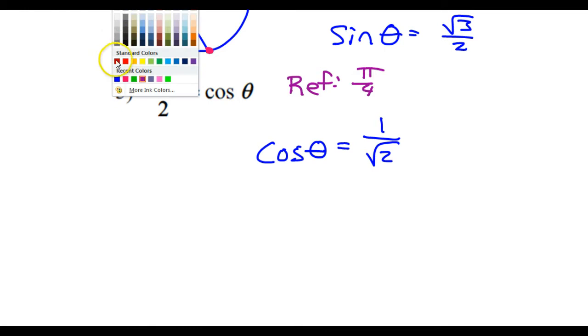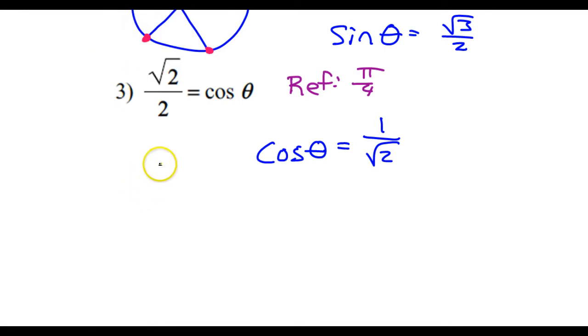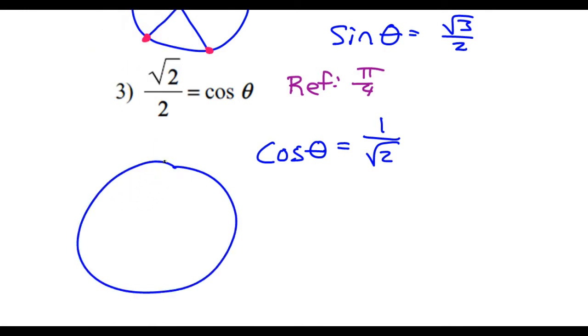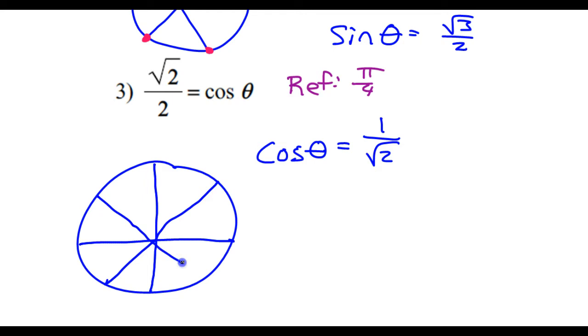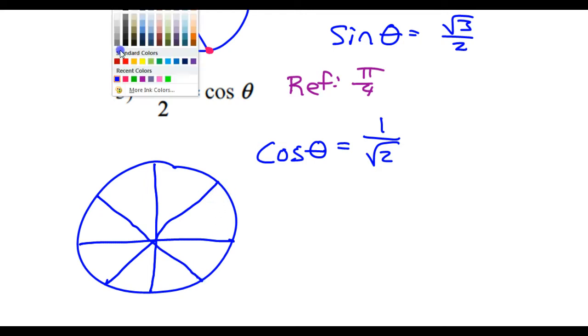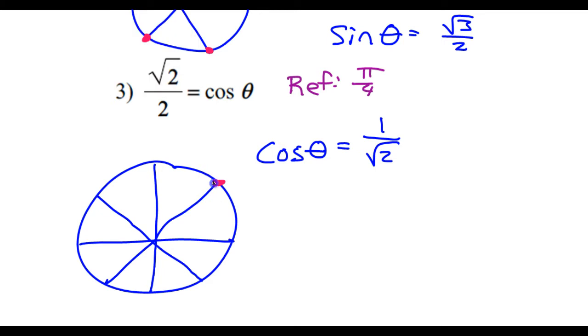Alright, so you can nail it down by drawing yourself a picture. Okay, pi over 4, so there's pi over 2, and here's pi over 4. Okay, so looking at the 4 positions, these 4 positions have a reference angle of pi over 4. 2 of these will give me positive 1 over radical 2 if I do the cosine, and 2 of them will give me a negative 1 over radical 2.